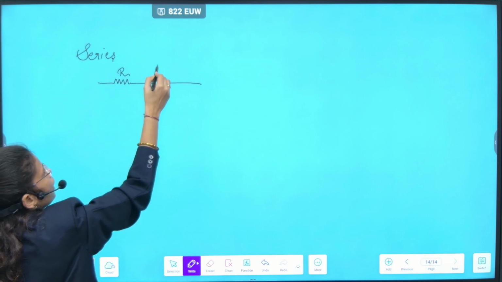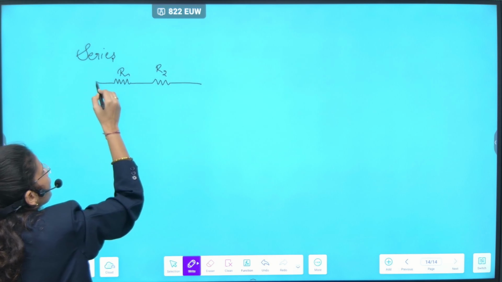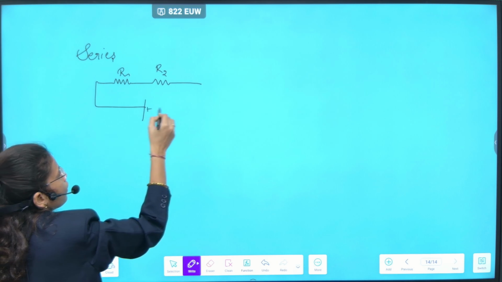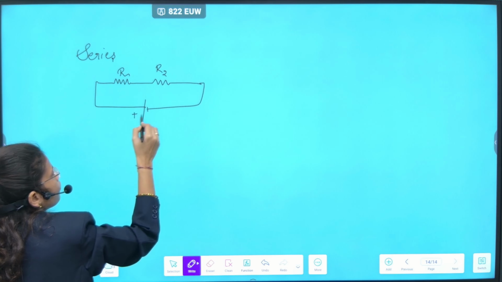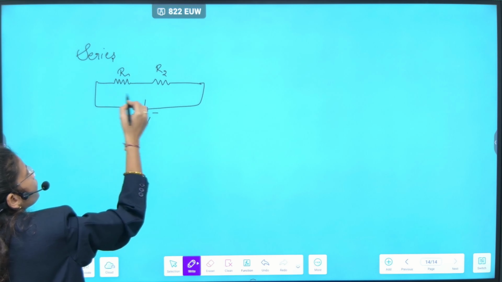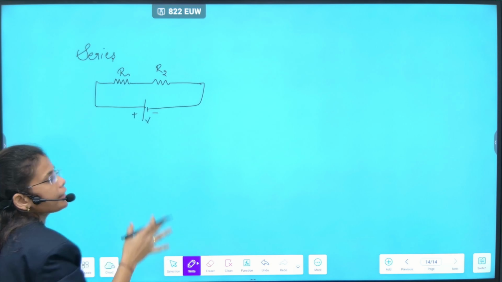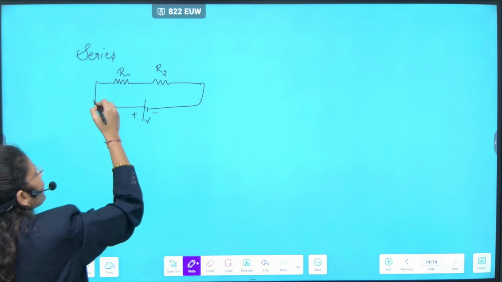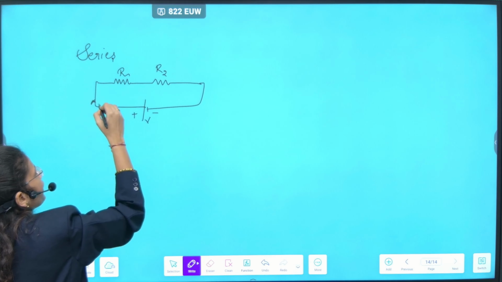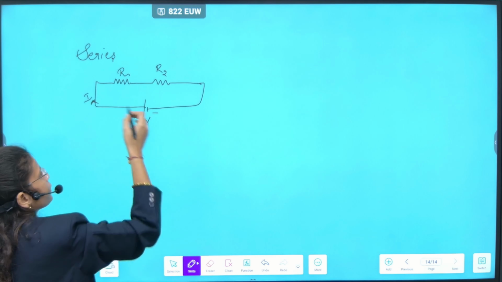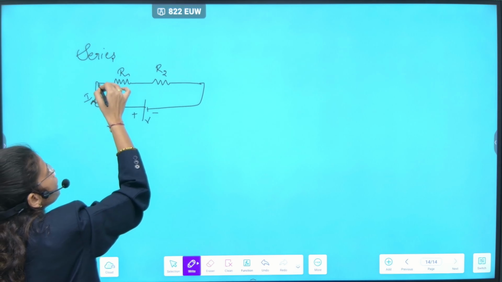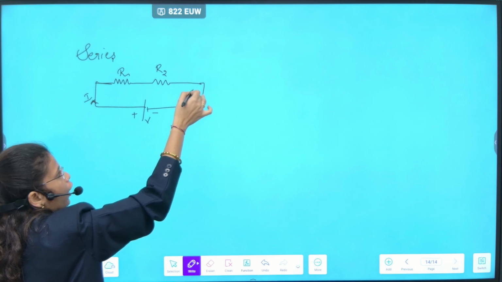R1, R2, V. In series connection, when we supply the voltage, current automatically flows through the resistors. The current flowing through R1 and R2 is the same.